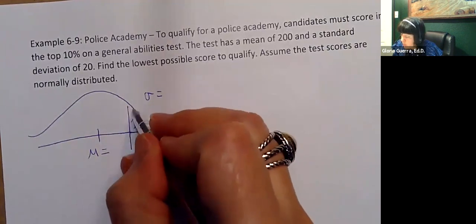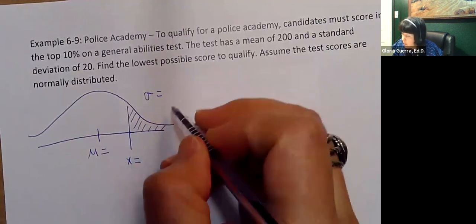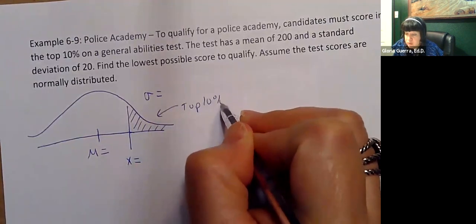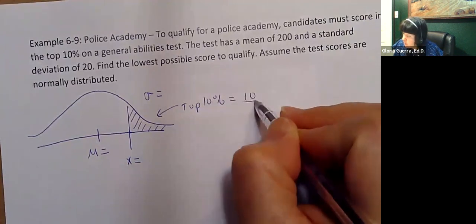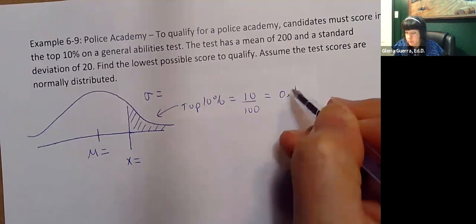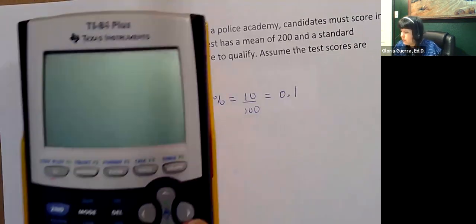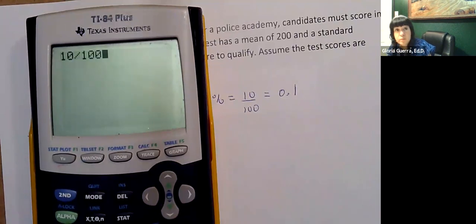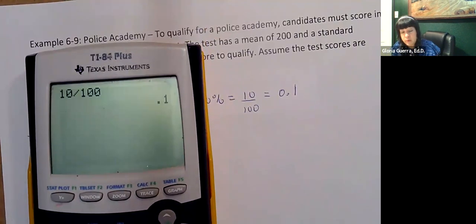This is what we're looking at here, and this is reflective of the top 10%. And you know percent is parts per 100, so you divide 10 by 100, and that is 0.1. Okay.